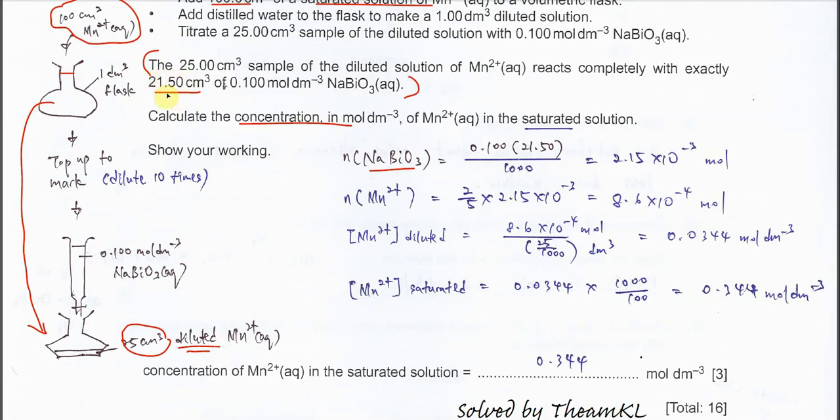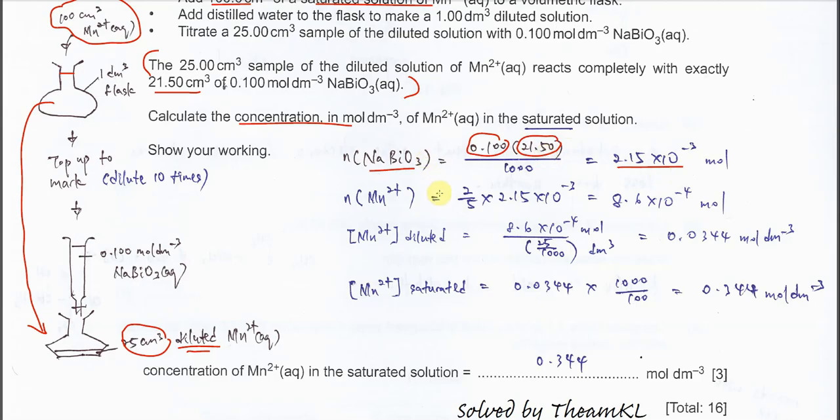So we use this volume and its concentration to find the moles of this compound, or this salt, using MV over 1000. So the concentration times the volume, 21.5 over 1000. So you get the moles of this salt.